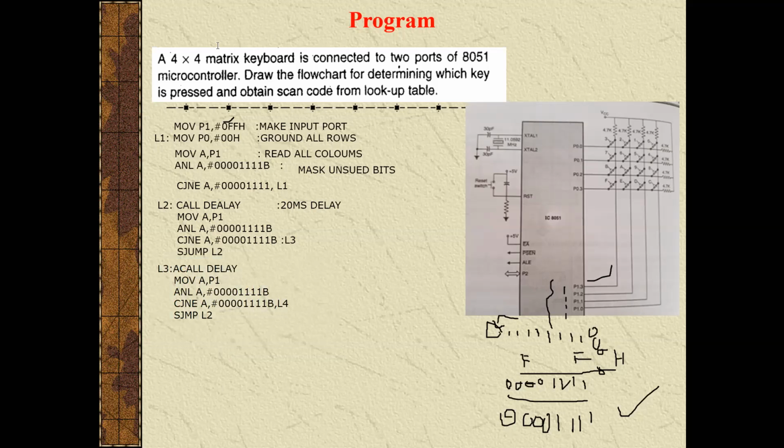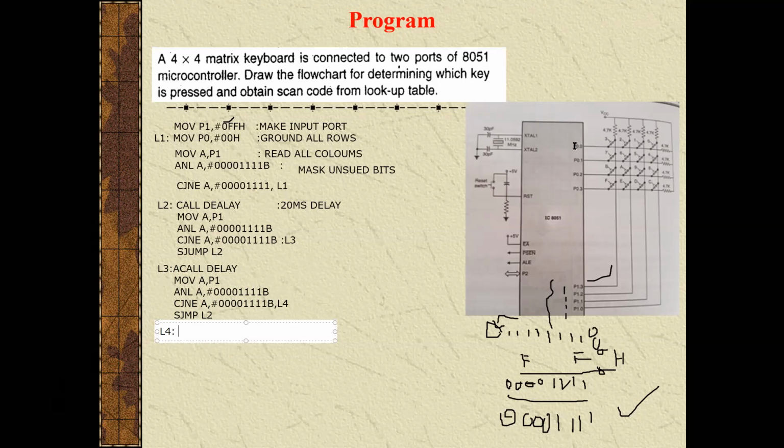So what is the operation of loop 4? If any key is pressed, it will come into loop 4. In loop 4, we scan the particular line by making all the rows high, and at a particular row we make it 0.